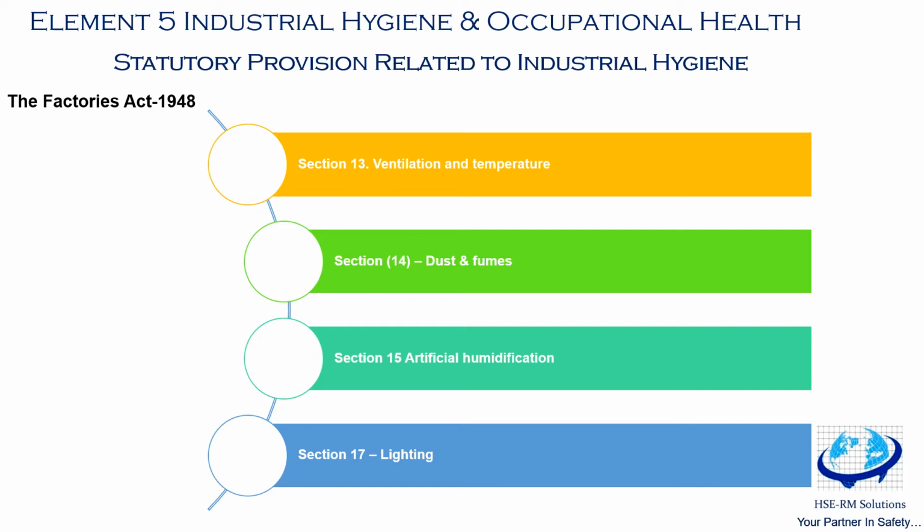The state government may prescribe a standard of adequate ventilation and reasonable temperature for any factory or class or description of factories or parts thereof, and direct that proper measuring instruments, placed in such positions as may be specified, shall be provided, and that records as may be prescribed shall be maintained.